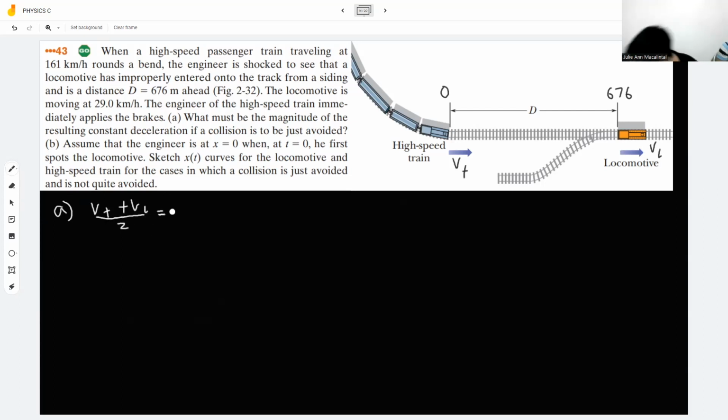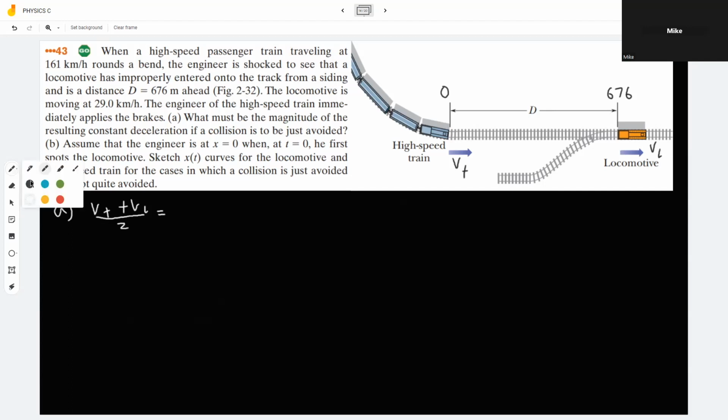Wait. So the x versus t of the high-speed train would be x equals 1/2 a t squared plus 161 t plus the initial position 676. To keep the units consistent, we need to convert to 0.676 kilometers.